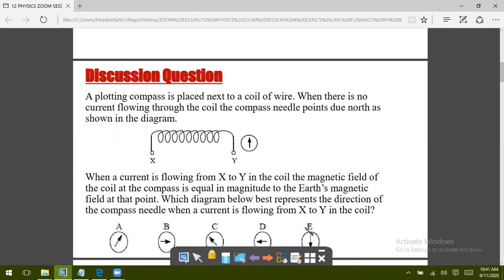Current is flowing this way. Current is coming up this way, and it's coming down this way. Follow this red ink here.